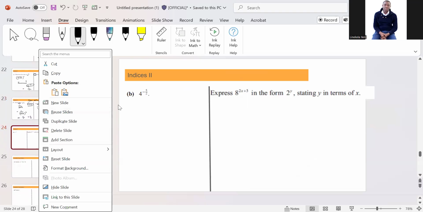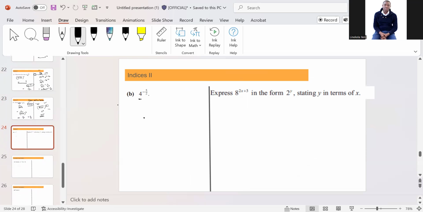All right. Then again, this one, I believe, also came from a paper 2. It's one that we need to inverse because it's to the power of a negative. So that's going to be 1 over 4 to the power of 5 over 2. Then we know it's 2, so that's going to be the square root of 4.